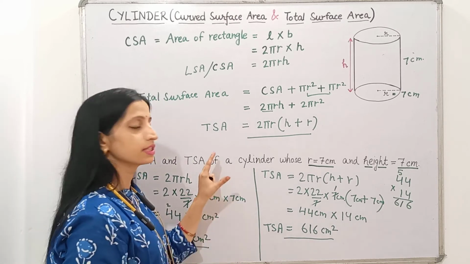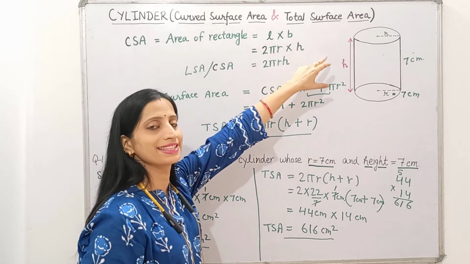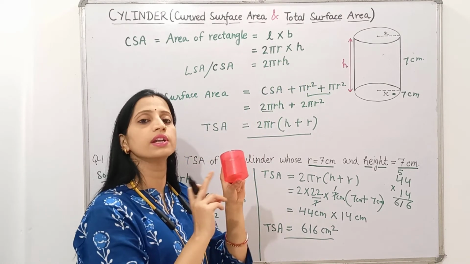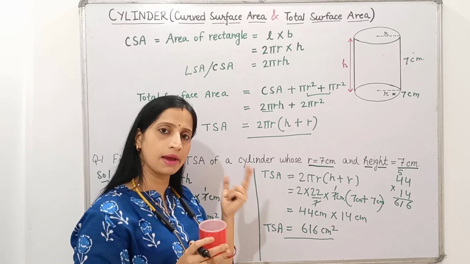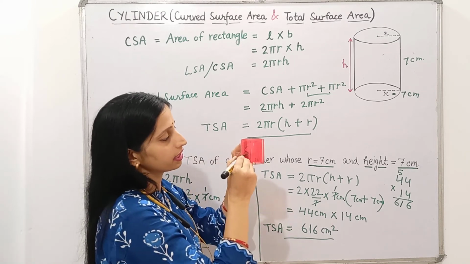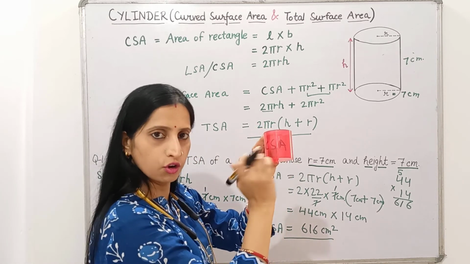Okay. So this is the way to derive the formulas for CSA and TSA of a cylinder. You don't need to memorize the formula. Once you understand the concept, you will remember these for a lifetime. So this is curved surface area, CSA, the area of this curved part.